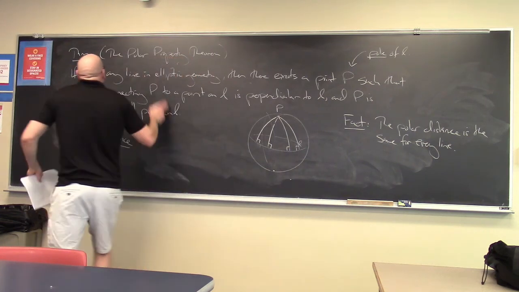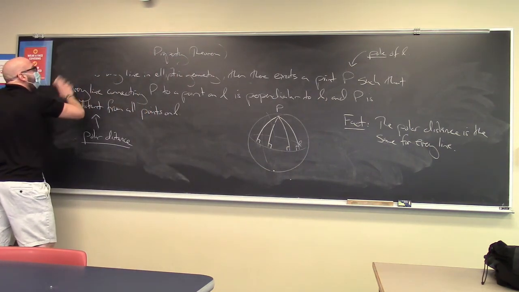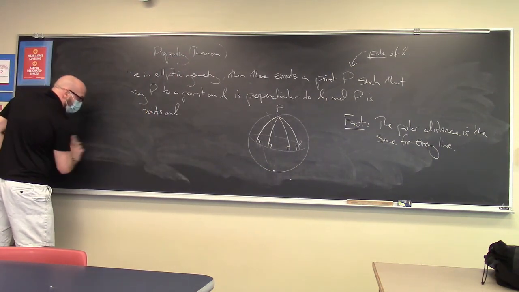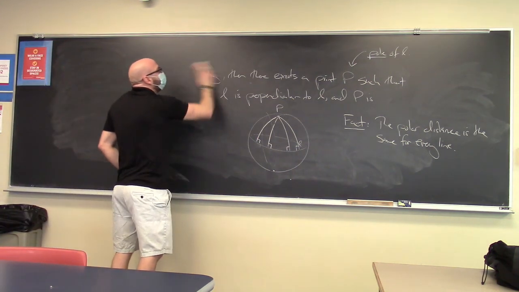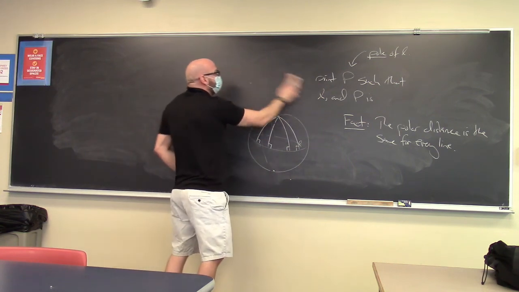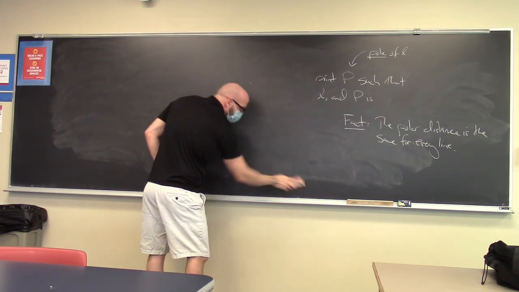All right, so let's prove this. Again, the proof will be a little bit hand-wavy because I'm going to invoke things like the isosceles triangle theorem, which we don't know is true in elliptic, but it is.